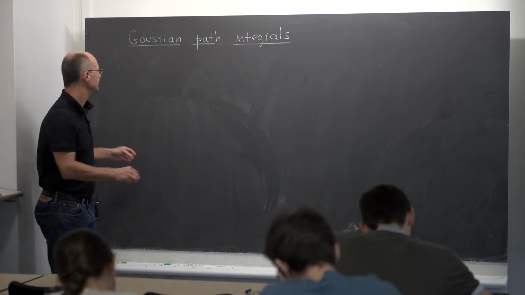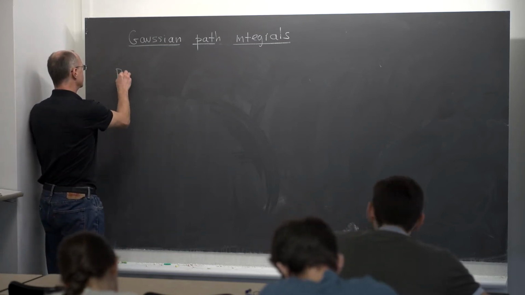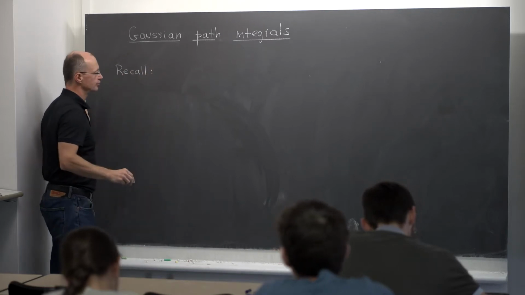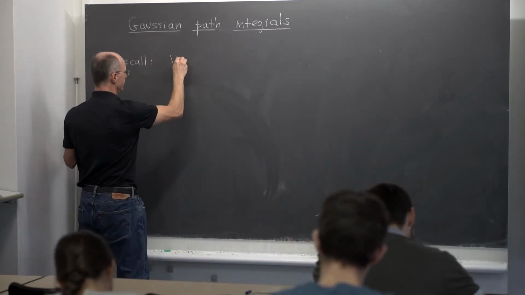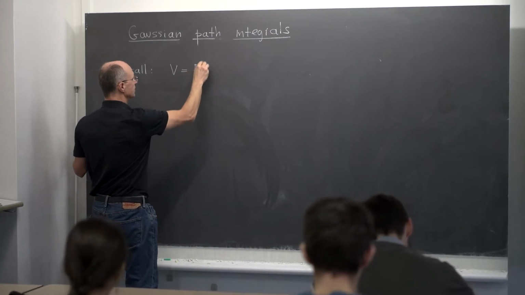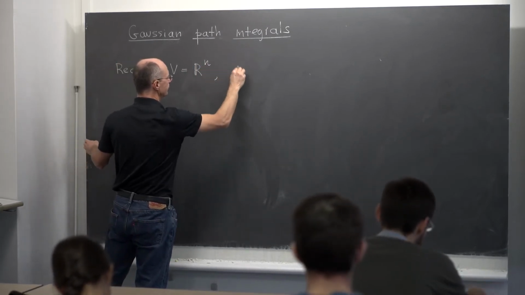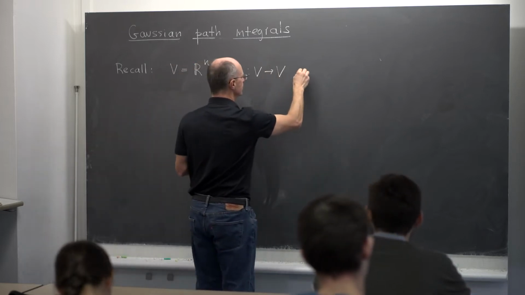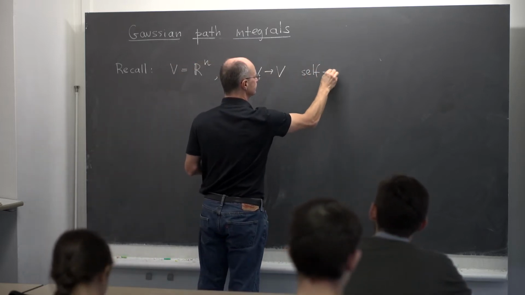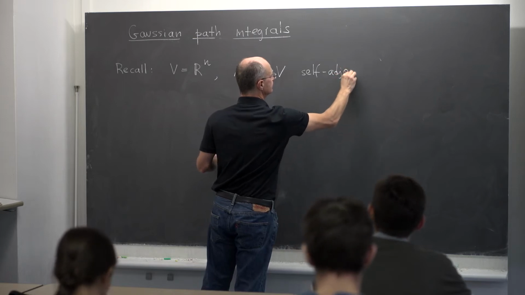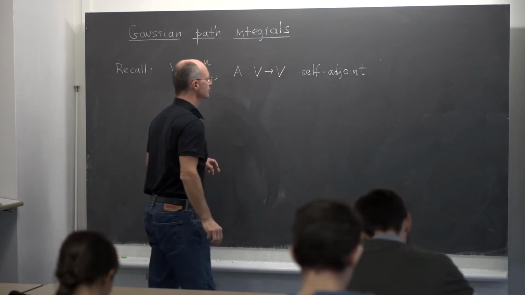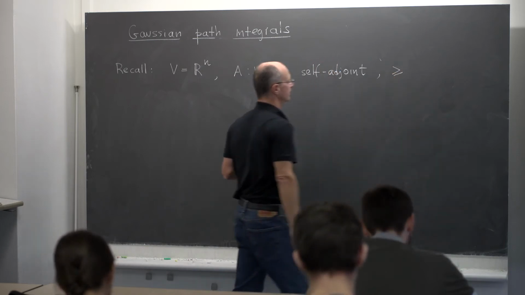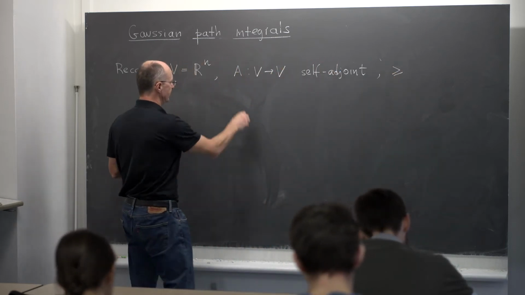So let me start by recalling how Gaussian integration works in finite dimensions. Let's say V is R^n, and A from V to V is self-adjoint, which means it's a symmetric matrix, and let's say it's positive definite.